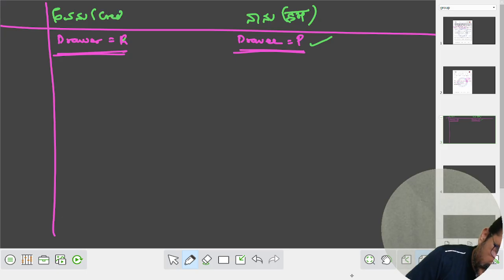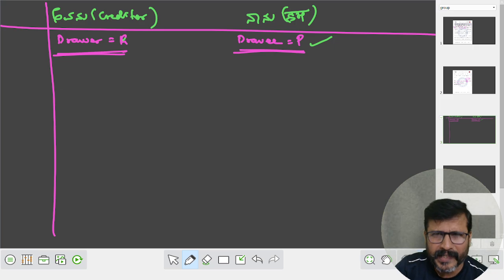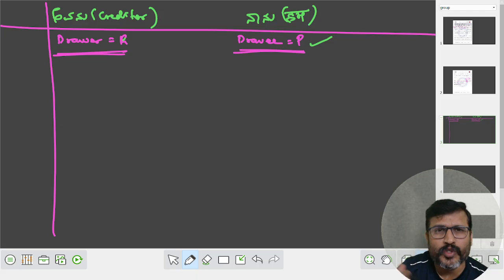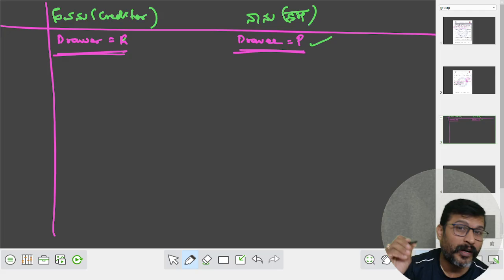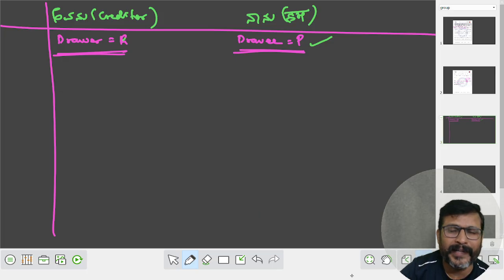Here R is a creditor, because P accepted a bill, I accepted a bill, which means I have to pay money to R. The person to whom the business owes money is called creditor. Here R is going to be a creditor for P. Remember, till today we used to write P as a debtor, but here we have to pass the entries in the books of P. Then R is going to be a creditor, my dear students.